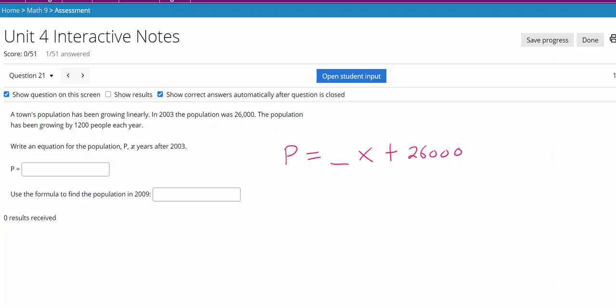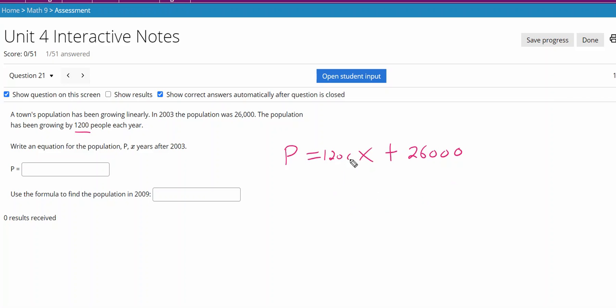Now, what's that number going to be in front of the X? Anybody know? 1,200. Nice. Yes, because it's going up by 1,200 every year, right? I'm hoping you guys see that.